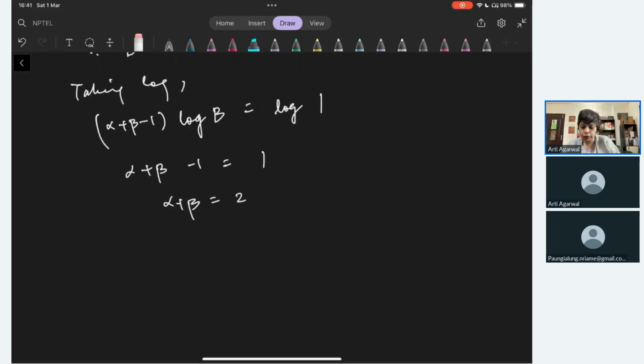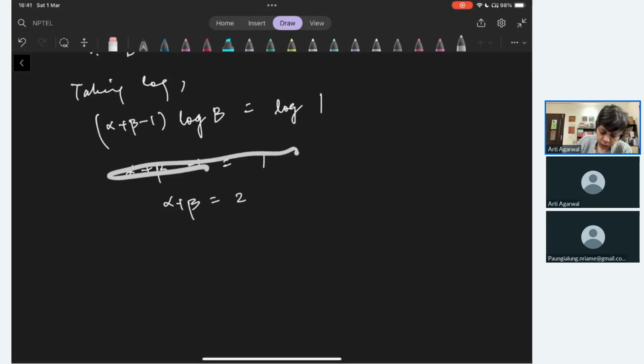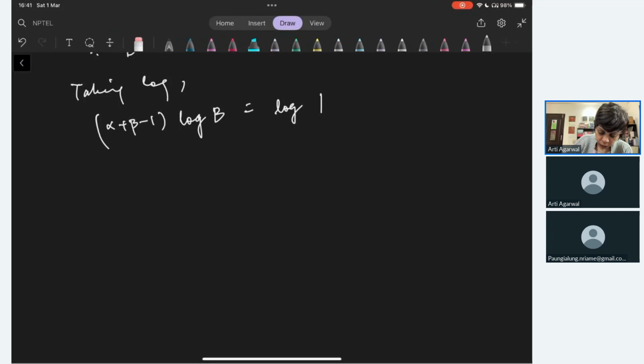Okay, I'm not sure if this is actually needed. Yeah, this is not needed actually. If B is equal to 1, then we have the solution. Then log 1 is equal to 0, right? So this becomes equal to 0.